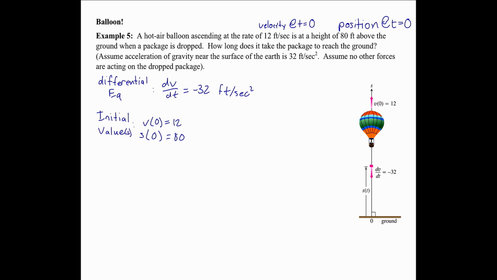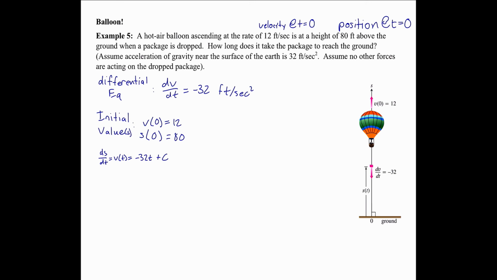So I guess we could really say these are our initial values. So first of all, let's go on and work backwards. The antiderivative of acceleration would just be ds/dt, or v of t. And in this case, it's negative 32t plus a constant.